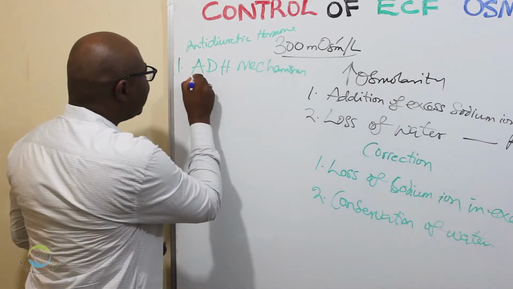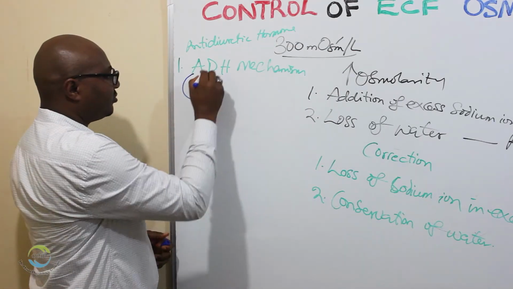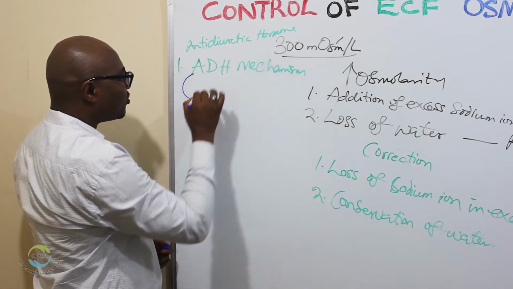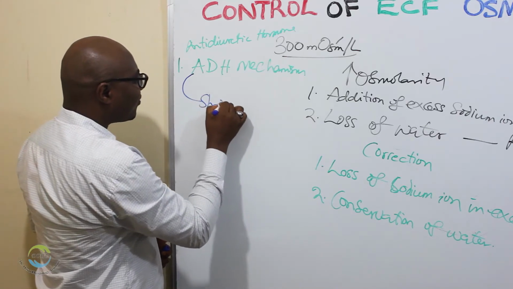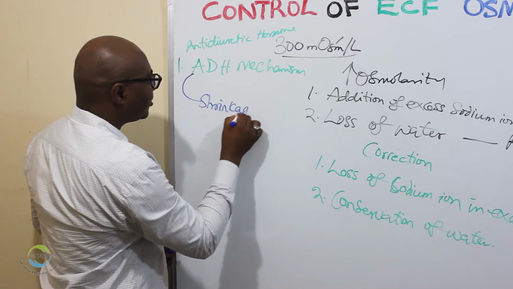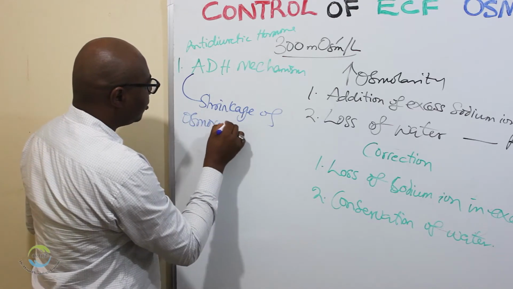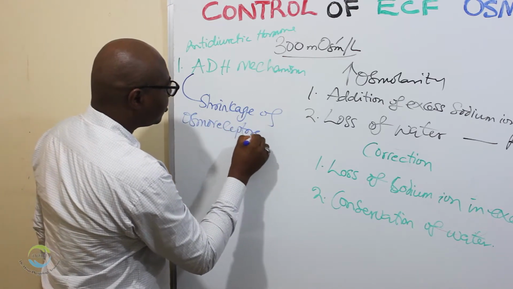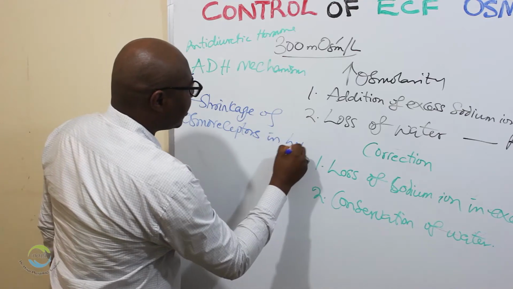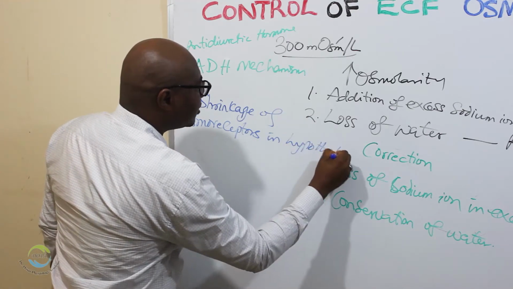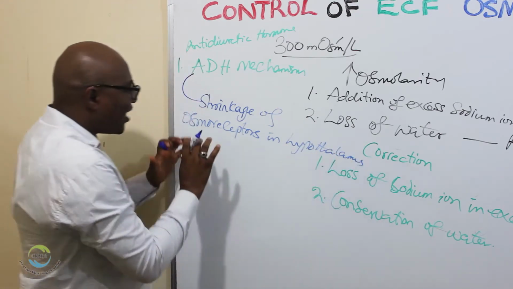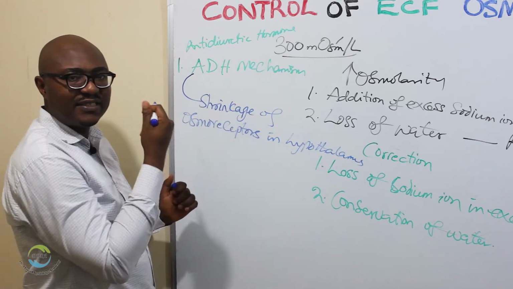Okay, so increased osmolarity leads to, first of all, shrinkage of osmoreceptors in the hypothalamus. So that shrinkage activates it.